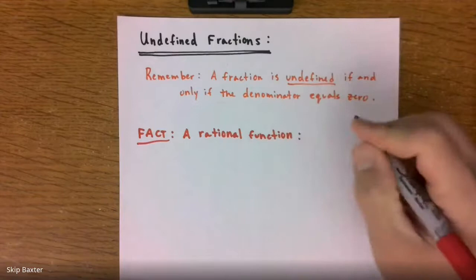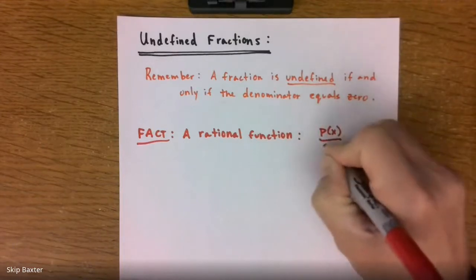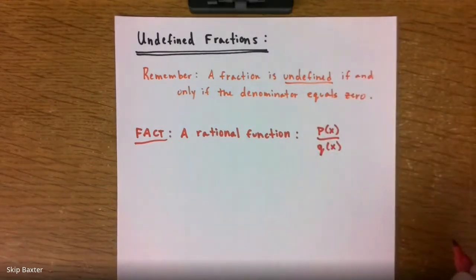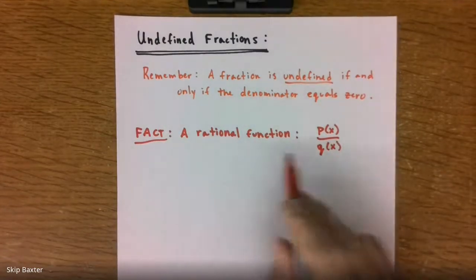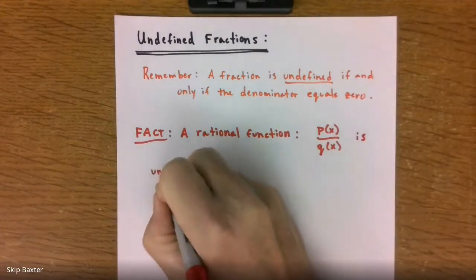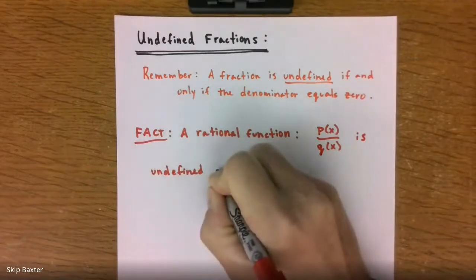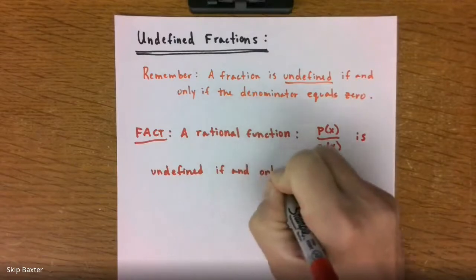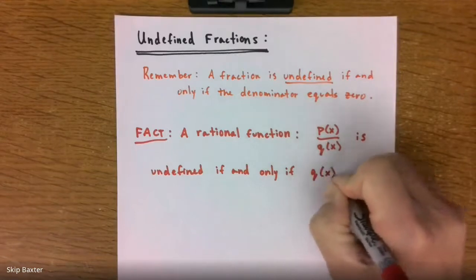So if it's a rational function like p of x over q of x, where p and q are both polynomials, then a rational function is undefined if and only if q of x equals 0.